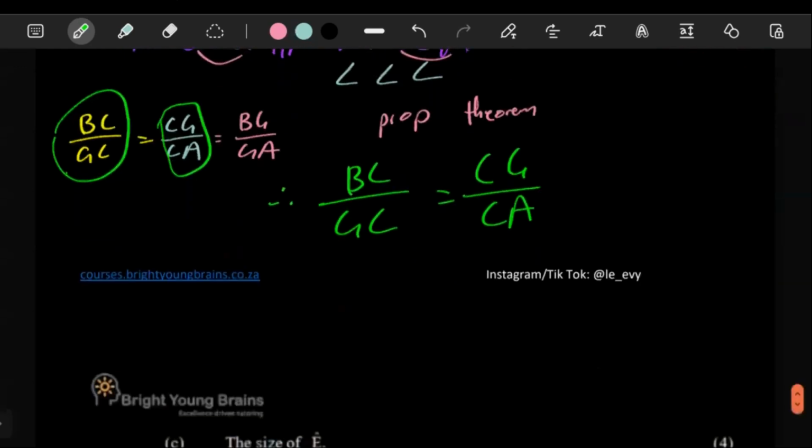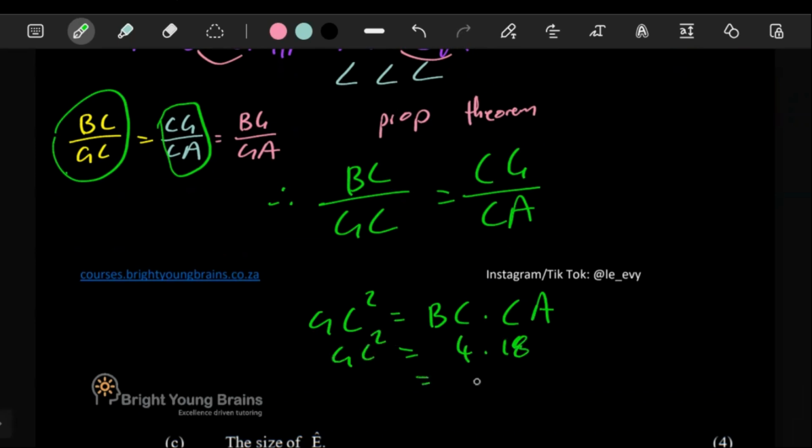So from here, you can cross multiply. This times this is going to give you GC squared. BC times that is going to be BC times that. This is just 4, this is just 18. What is 4 times 18? 72. Square root both sides.